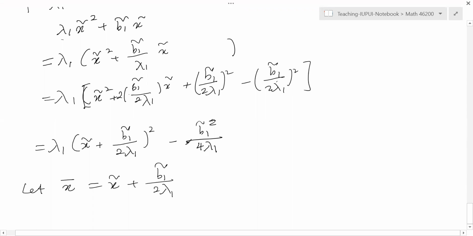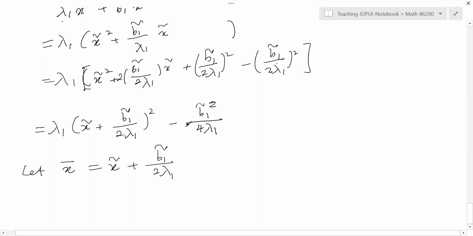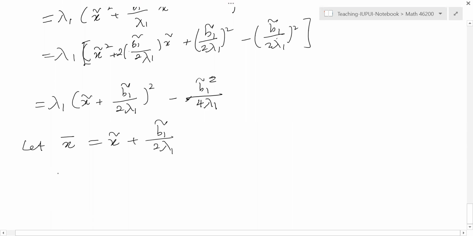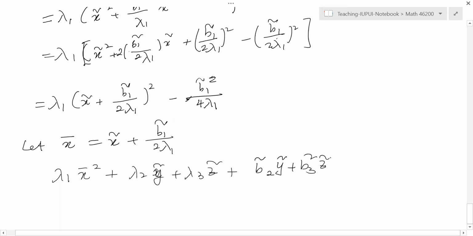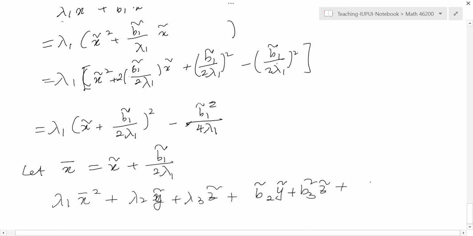Then you will get λ1 x bar squared plus λ2 y² plus λ3 z², and the b1 term is gone. So you get b2 y, b3 z, plus this c will be changed. That's why I put c bar here.